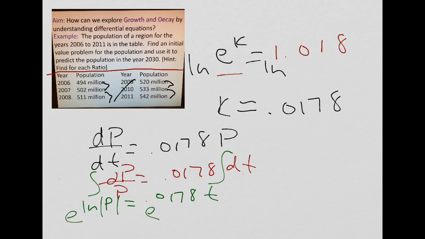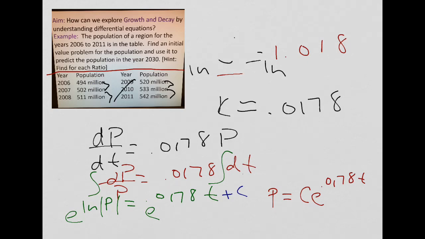We only need the positive for our absolute value. Don't forget the plus C. All right, I corrected that. And we got P equals Ce to the 0.0178t.